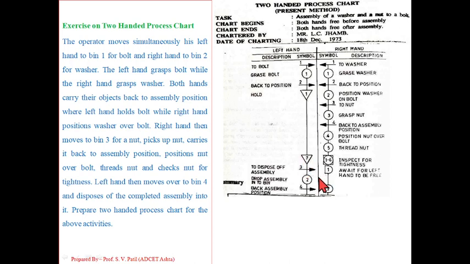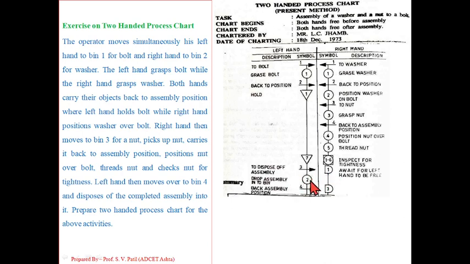Now the remaining part: the left hand then moves over bin 4 and disposes the completed assembly into it. So there is a transportation symbol for the left hand to dispose of the assembly. The right hand is idle, and its symbol is a delay.